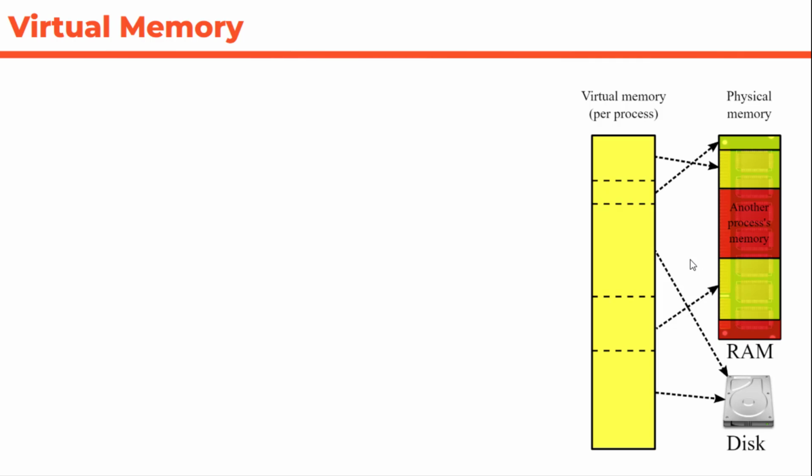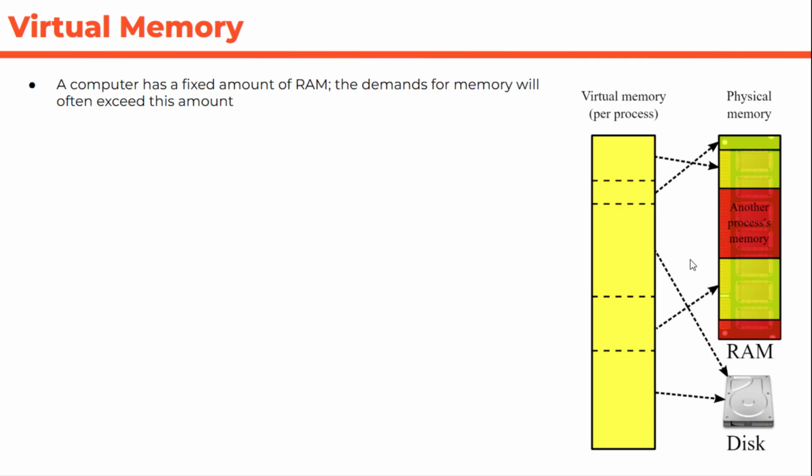Now, we do have another method which is called virtual memory. Virtual memory is really, really bad. We don't want to go there, but a computer that has a fixed amount of RAM demands memory. When we exceed the amount of memory required, then we can cordon off an area of the hard disk, and that can be designated as virtual memory.